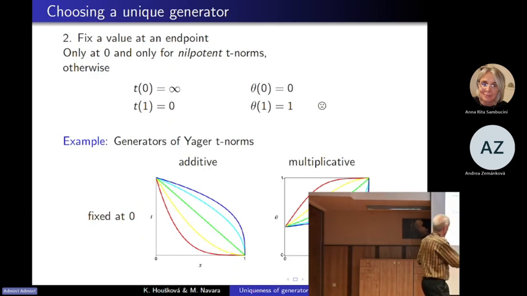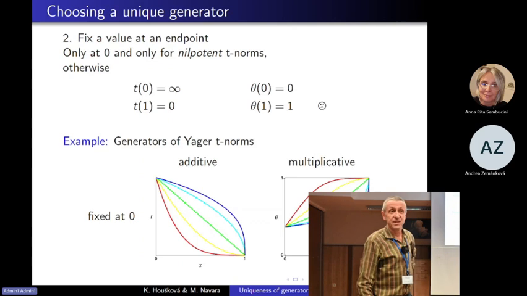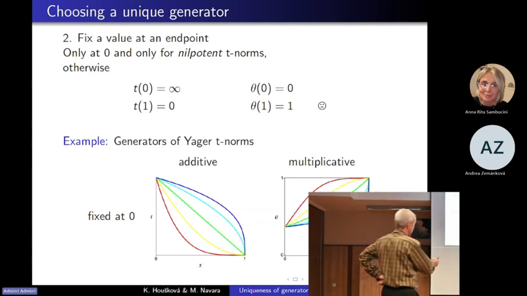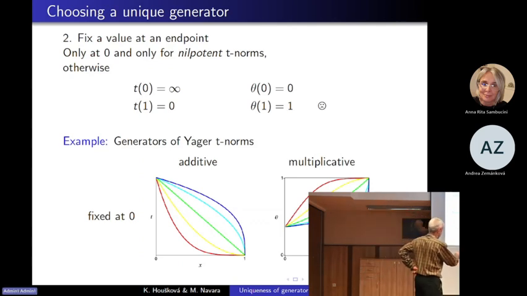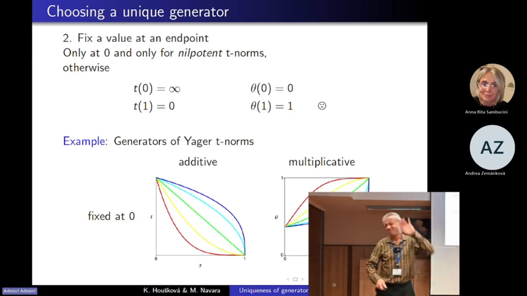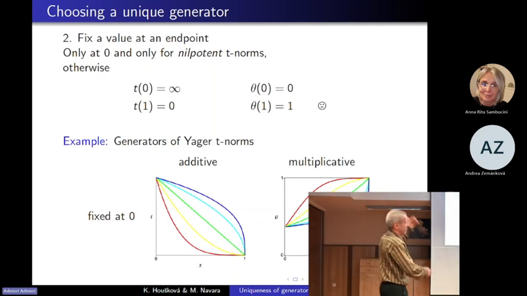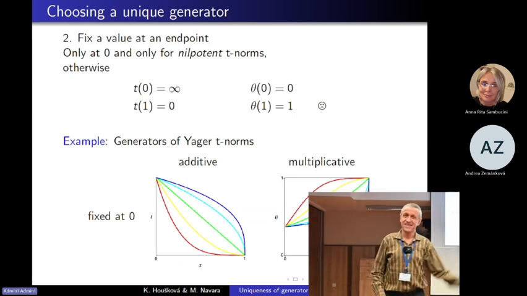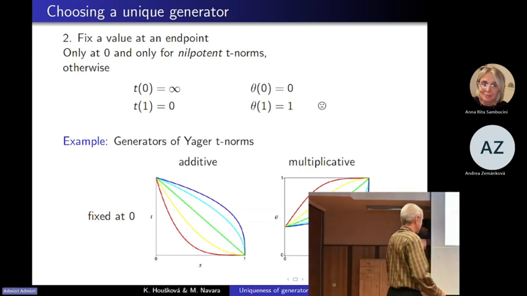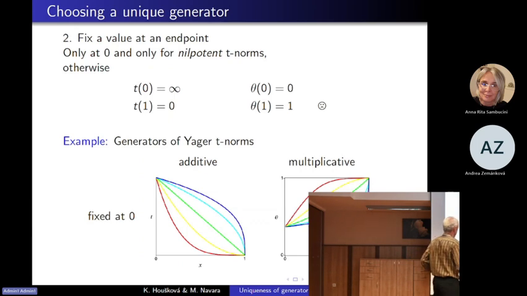The bad news is that this works for nilpotent t-norms, where the value at 0 for the additive generator is finite. For strict t-norms, you have infinity. So don't fix it, there is no help. And for multiplicative generators, you get 0, again nothing.